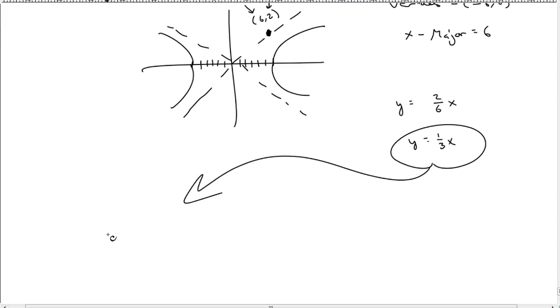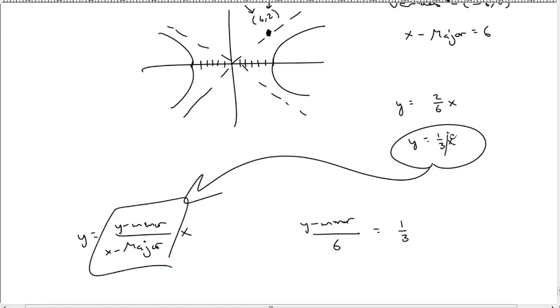I'm saying that because I have an x major, it's going to be major on the bottom this time, and my y minor. And so I'm getting at that y minor divided by x major, which is 6, is equal to 1/3. Okay, my slope here is 1/3.